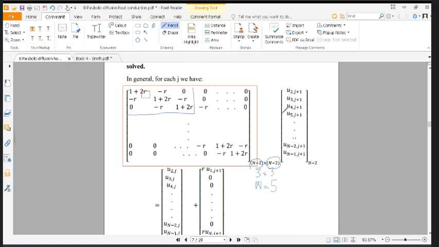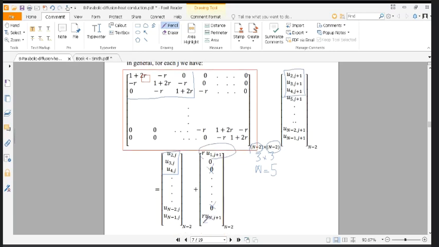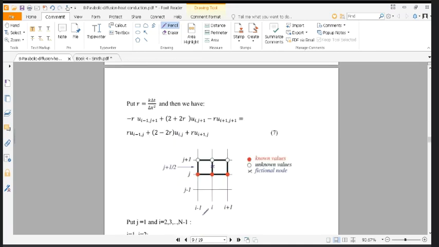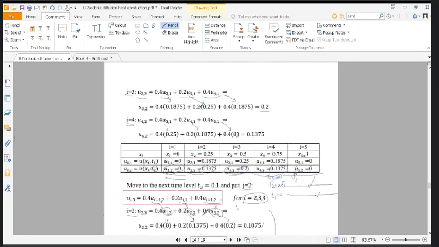For the unknown vector, we need this part of the vector. For the known vector on the right side, we need 3 parts. And for this boundary vector, we need the first and the end and a 0 between them. And we have this matrix representation.